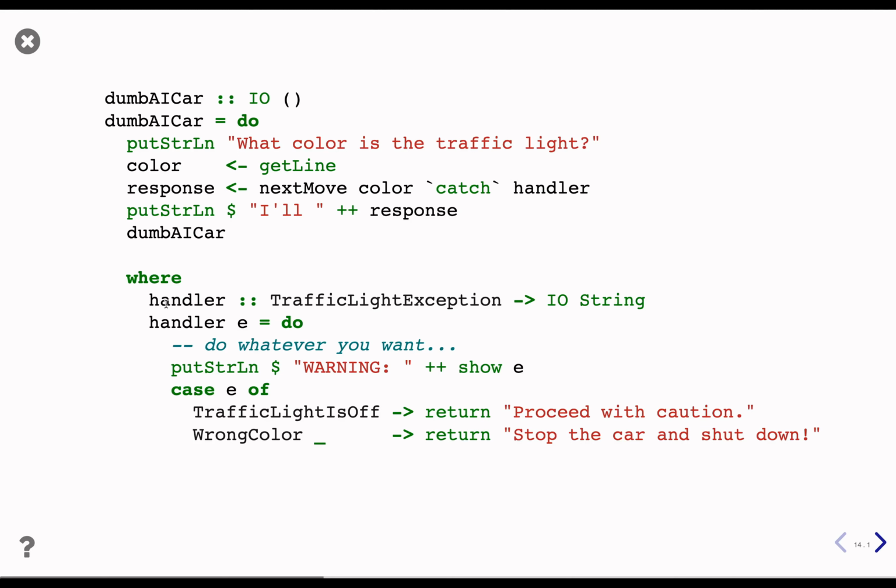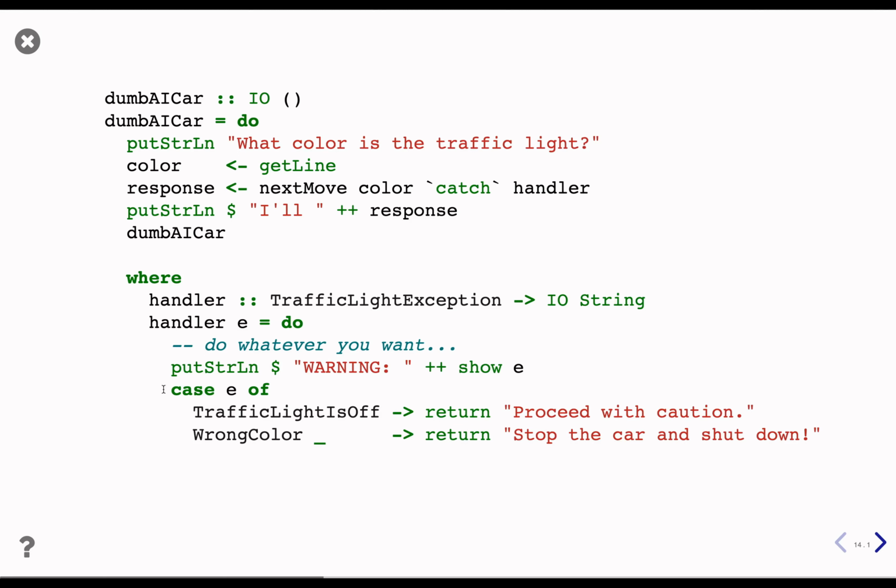We define it here. The handler takes a value of type TrafficLightException and returns a value of IO String. It takes the exception and we can do whatever we want. This is very important. We can write arbitrary logic to recover from this. We can create files, remove files, talk to databases, whatever. In our case, first we're going to print a putStrLn saying, hey, warning, this error happened.